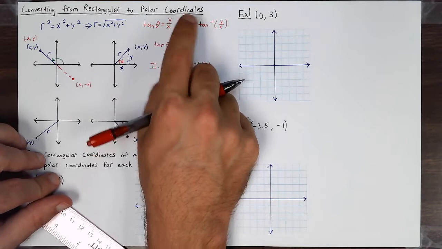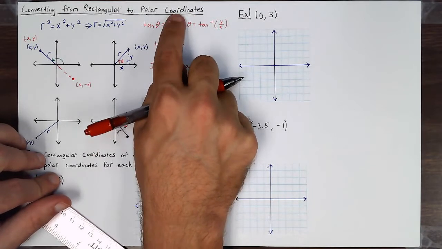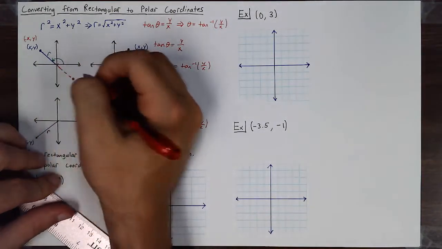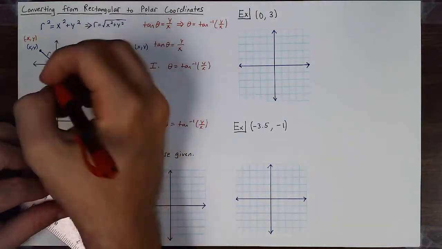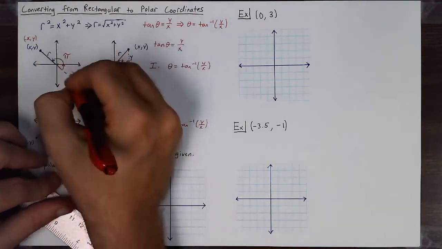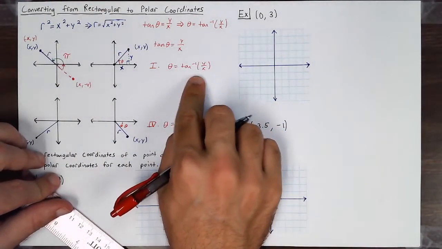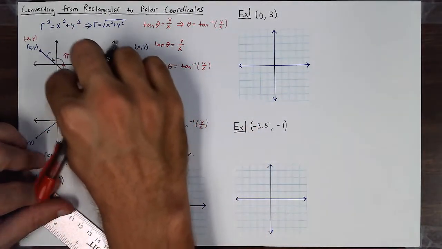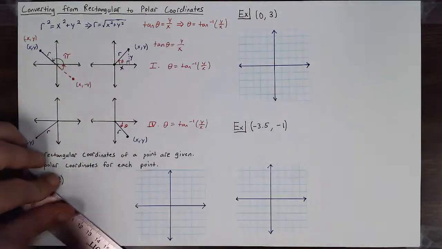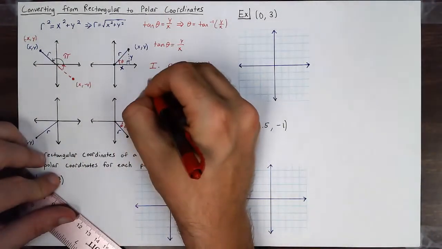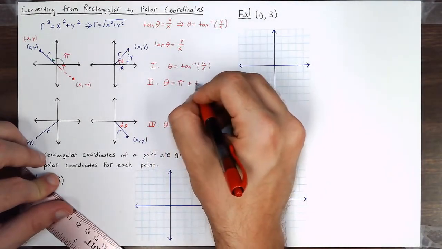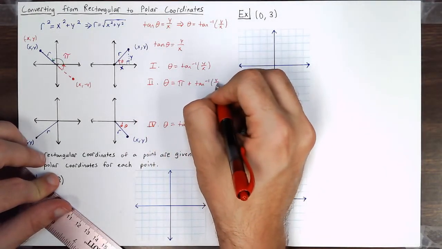Whether you put a positive over a negative or a negative over a positive, that fraction should still be the same. So in order to find this value, I'm going to add pi to tangent inverse of y over x, because it will give me the negative angle, but adding pi will put it in the second quadrant for me. So for quadrant 2, I'll just add pi to whatever tangent inverse of y over x gives me.